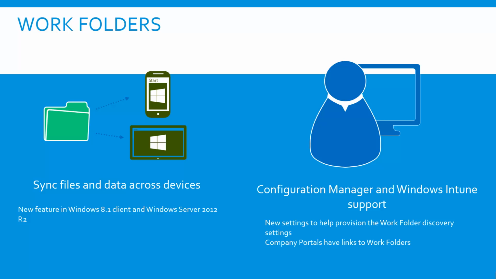It helps prevent the leakage of company data, and it stops users just randomly copying them to devices which is out of our control. So we have the ability to, like I say, to push this from Configuration Manager, and the actual company portals now have links directly to them, so users don't have to think about where they have to go to get to that data.